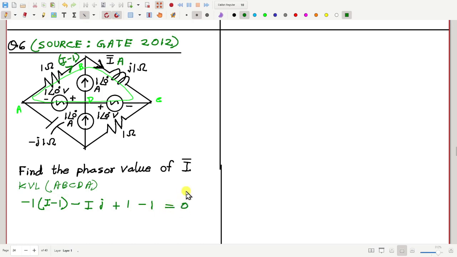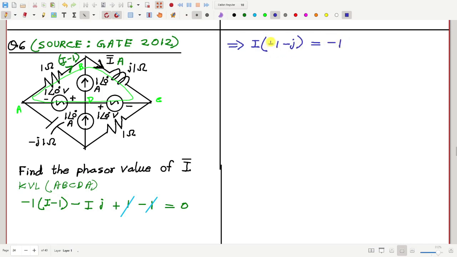Now you see a lot of things cancels, this cancels, and from here what do we get? We have I common, we have minus 1 minus j, and then plus 1, the right side will be minus 1. Yes, minus 1.